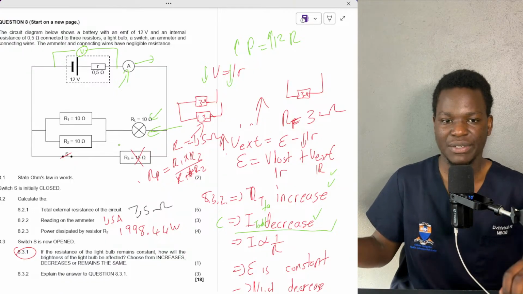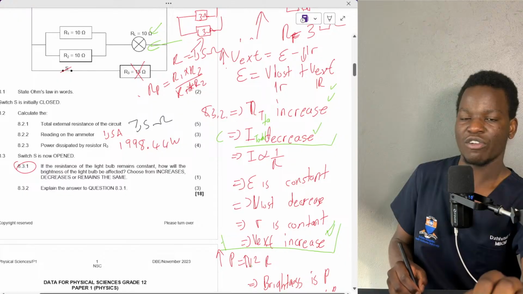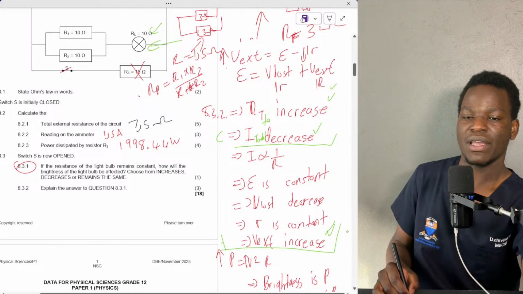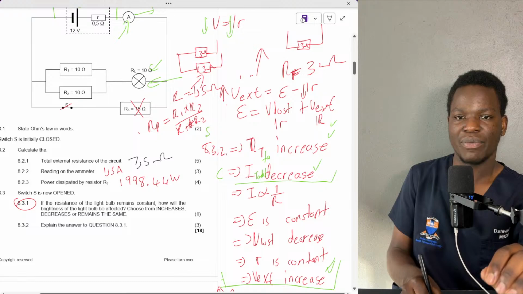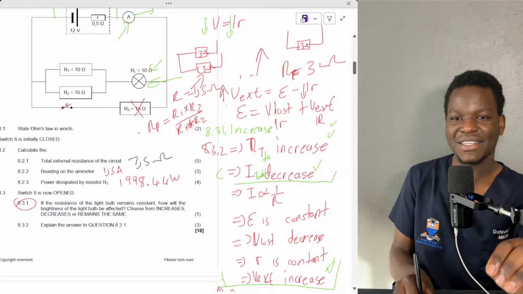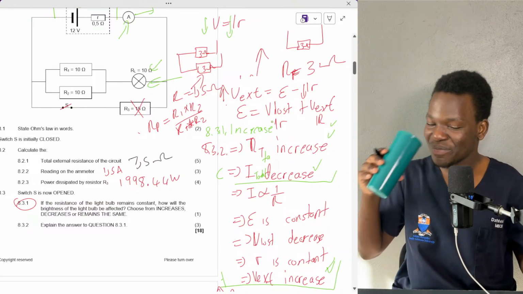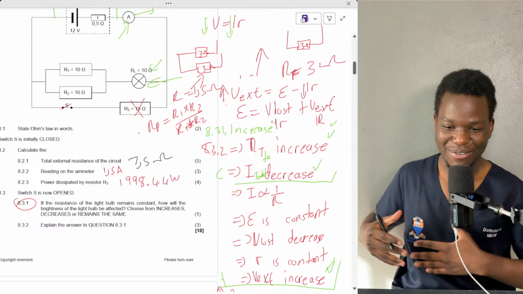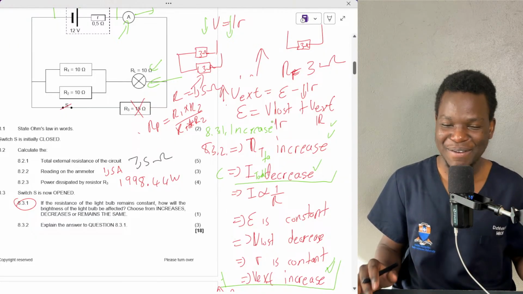It is very important. And now, because we have gotten our answer, brightness increases. So the answer is what? 8.3.1, increase. The funny thing is that this is the paper that I wrote, I wrote this paper in matric. I remember when we got out of the exam, I was arguing with this guy. I said it's increased, and he said, how do you know?